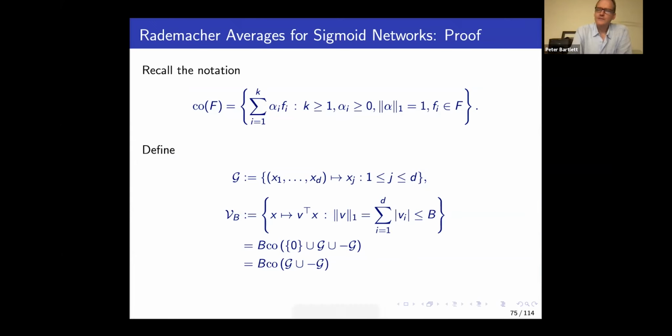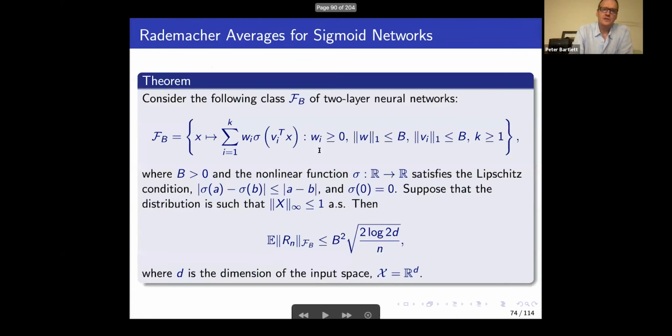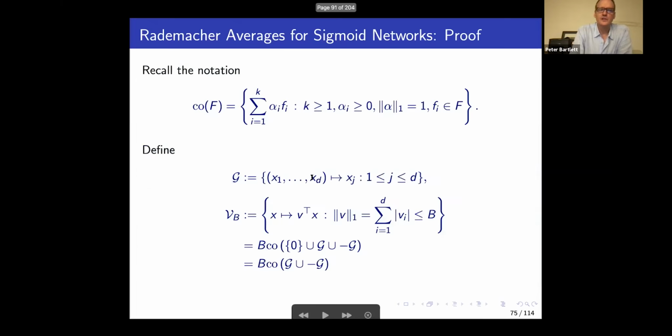Just to introduce some notation, we can think about these having a one norm bound of B as having something like a convex combination of functions scaled by B. We met this notation earlier.